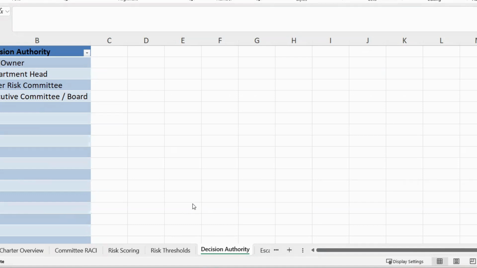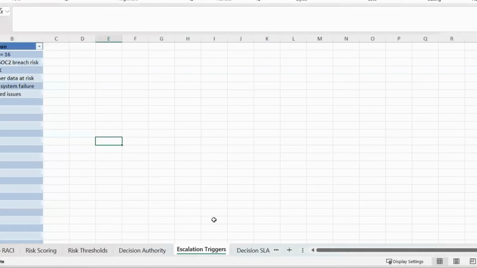Great. So decision authority, and the key principle is that the higher the risk, the higher the authority required within the organization. And you move on to establishing, as part of this charter, the escalation triggers. And escalation should not be subjective. You want to declare or define clear triggers in the organization.